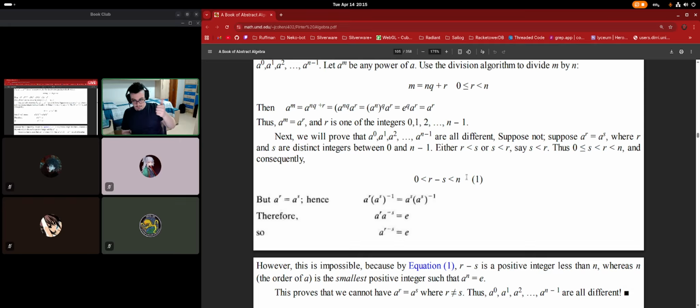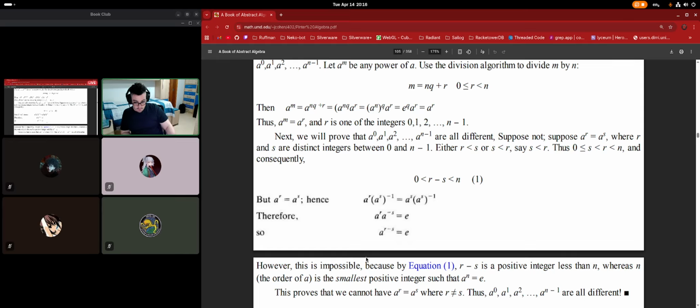But anyway, I think I'm going to go with what Tevo said. So I'm going to read from right to left, starting with identity, and then I'm going to rewrite it in this way because this is equal to a to the power of s minus s, right? And you can rewrite it in this way, but because we are trying to say that these things are the same, you can swap this guy with this guy, and then you can just manipulate from there and get to the conclusion that a to the power of r minus s is equal to e.